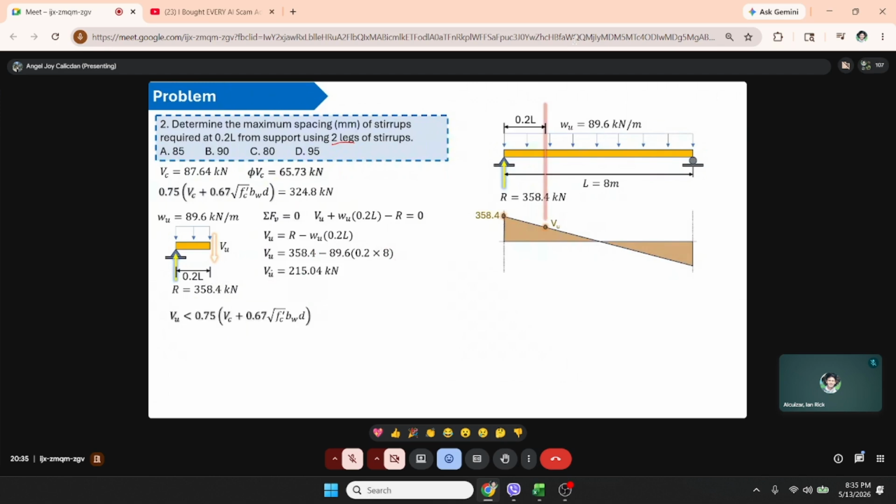And if we compare this to the code's limit, VU is less than 0.75 VC plus 0.67 square root of FC prime BWD. So, we need shear reinforcement.